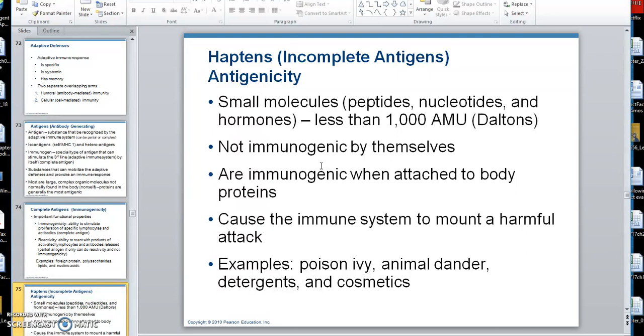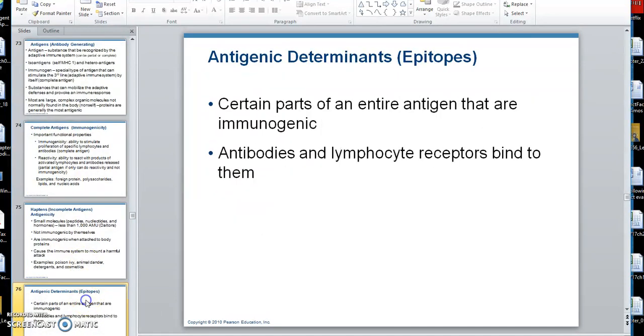Thus, the cap would have been a partial antigen. The cap by itself, if it had gotten in, would not have done anything in the third line. But because you'd already done something in the third line, then the cap gets in and you fight against it. So a partial antigen has reactivity. You'll fight against it, but not immunogenicity. Reactivity, but not immunogenicity. So read up on that to get an understanding.